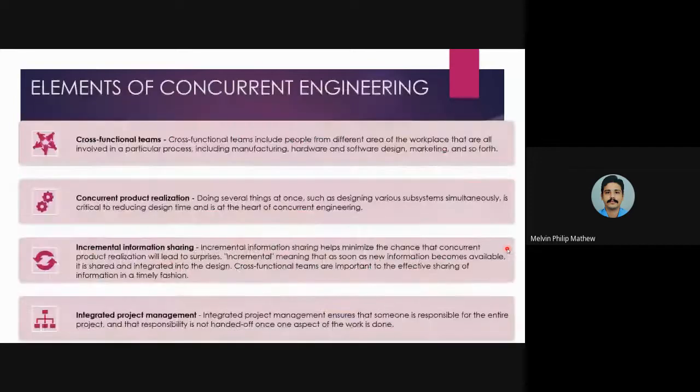Then what are the various elements of concurrent engineering? Some of the elements are cross-functional teams. Cross-functional teams are nothing but various personnel from different areas of the workplace who are involved in a particular process. I have told you about accelerating the assembly time of a rocket.